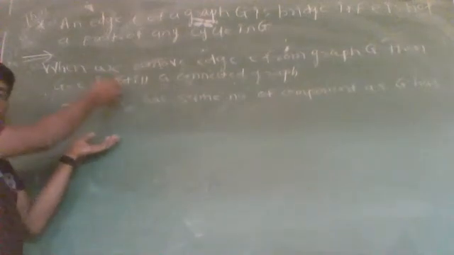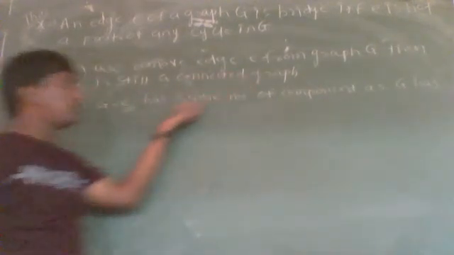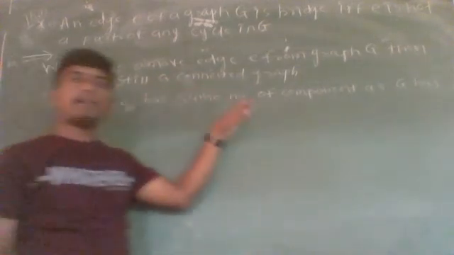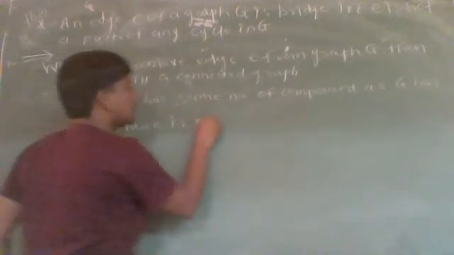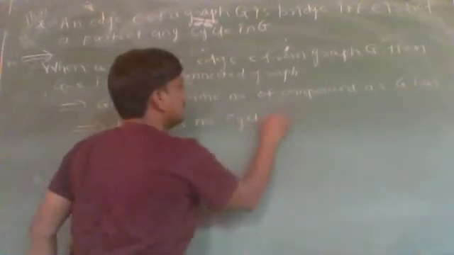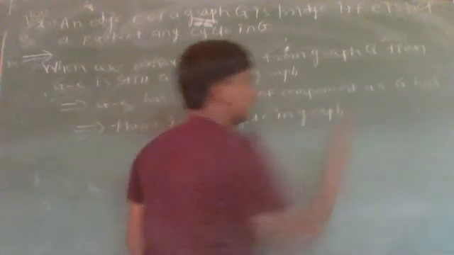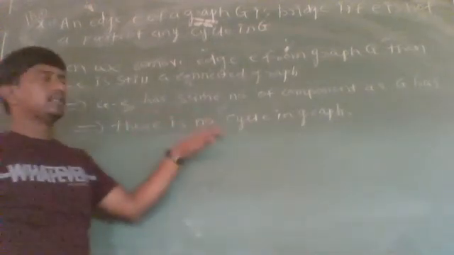This is due to our wrong assumption that there is some cycle containing E. So if E is a bridge, then E is not a part of any cycle in G.